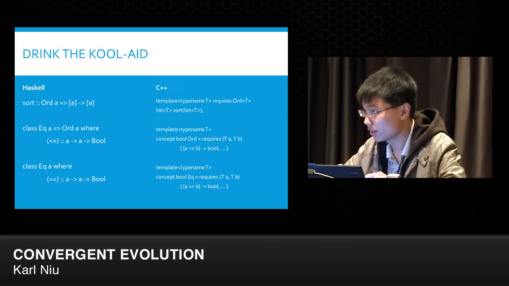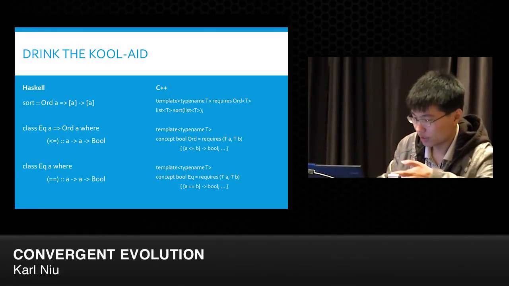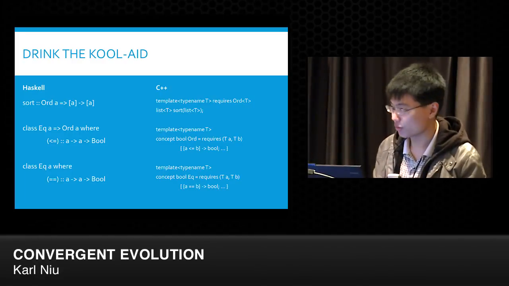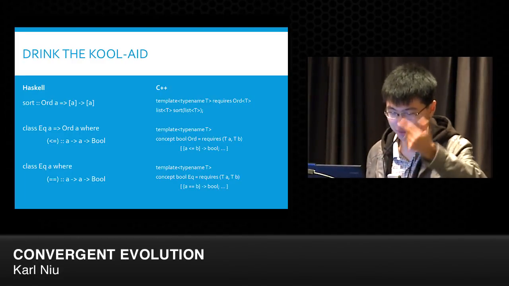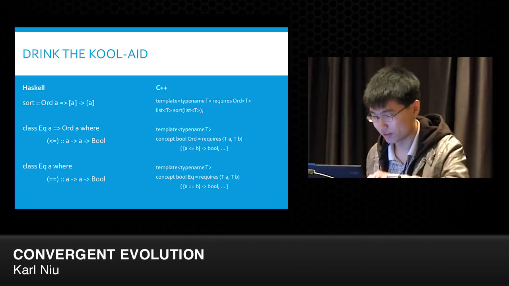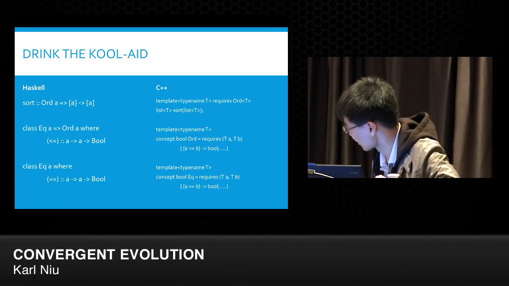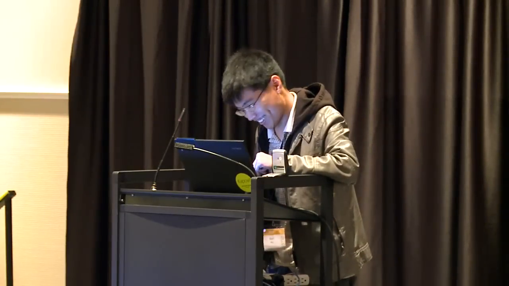The arrow tells you that the things on the left are the constraint. So you have an Ord. If it's ordered, well, Ord requires that you be able to compare things, a bool, a less than or equal to, and then that, of course, requires an equality thing. And translate that into C++, I hope I got the syntax right for that one. It looks good. Thank you very much. So that's it.